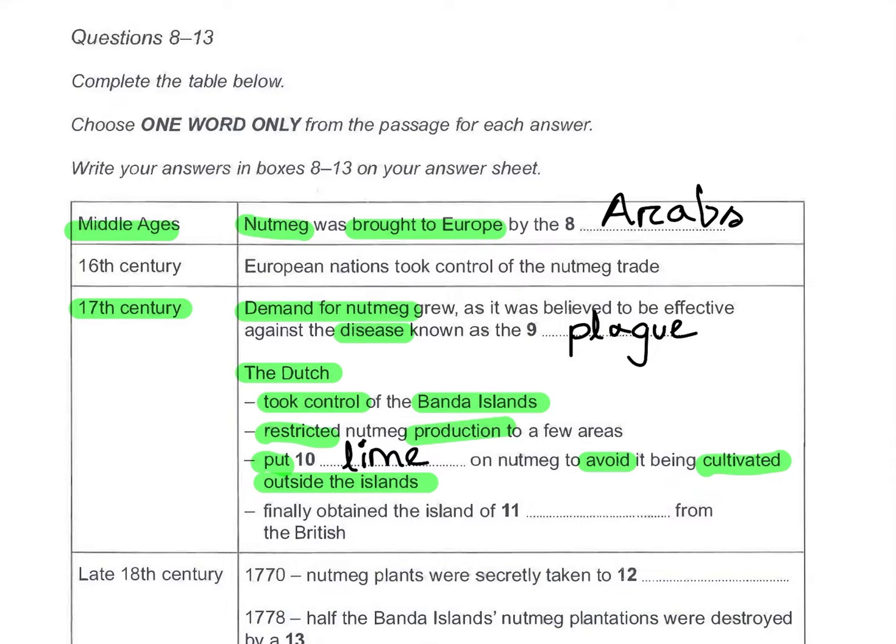Let's look at question number 11. And the keywords are obtained, island of, from the British.